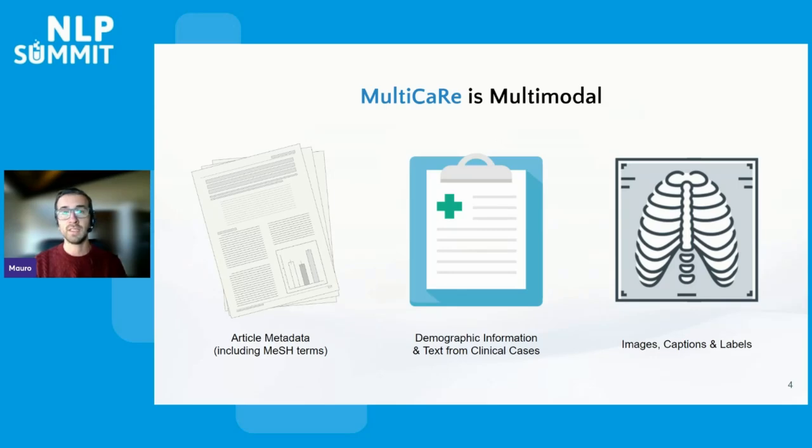The structure of the dataset is designed to make its use as easy as possible, so that you can use it to train language models, computer vision models, or multimodal models.